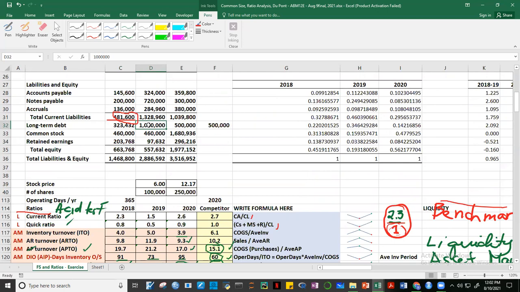Paki-chat please kung yes or no. Was principal paid in 2019 based on the long-term debt? Yes or no, please? Paki-chat. Okay, let's see your answer. Yung iba, no. Okay, no, yes. So meron tayong conflicting answer, no? Yung iba, guys. May I have your answer?